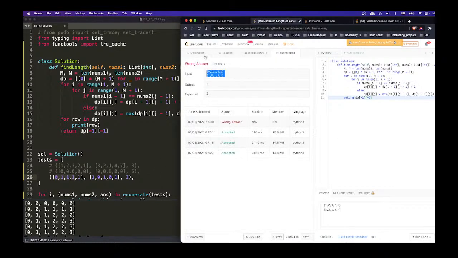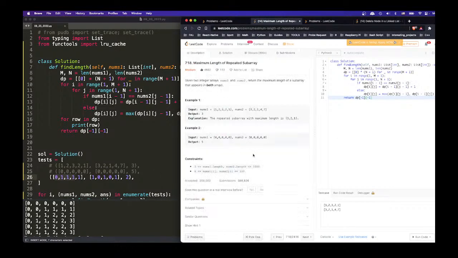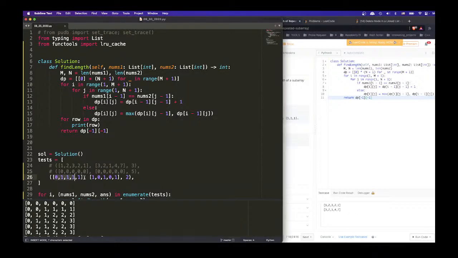What are the subarrays? We have 0, 1, 1. This is also 0, 1, 1. Wait, hold on. Did I understand the question wrong?